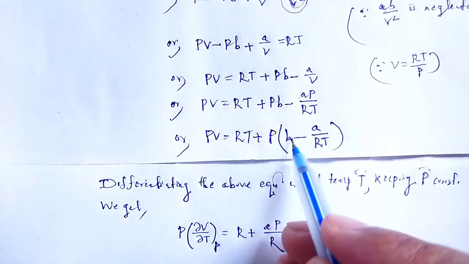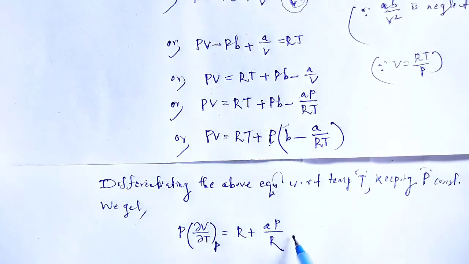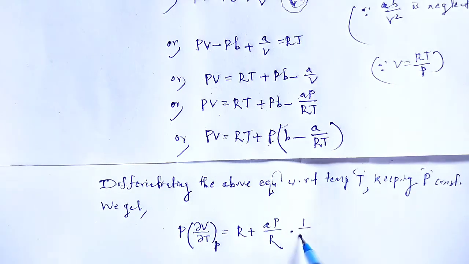One term, Pb, is constant, so its differentiation will be 0. The other term's differentiation gives a factor of 1 by T square.